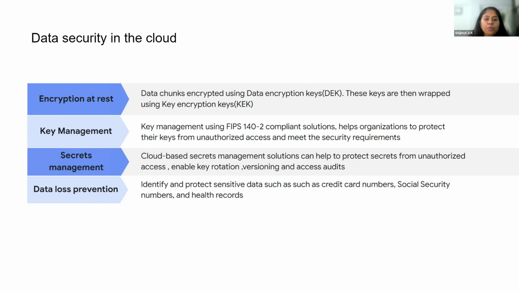How do you manage this key? Whatever key you're using for encryption should also be secure, right? If somebody gets access to that key, then your data is gone. So key management should be done in a secure way. There are different key management services available. For example, in Google there is KMS, and in Azure there is Key Vault. Different service providers offer different services, but it is always recommended to use a key management service.